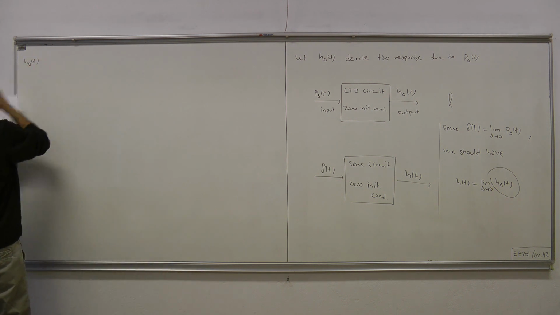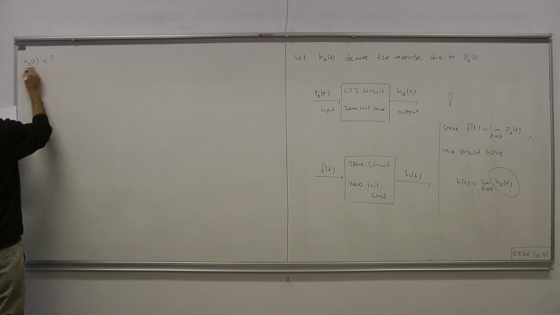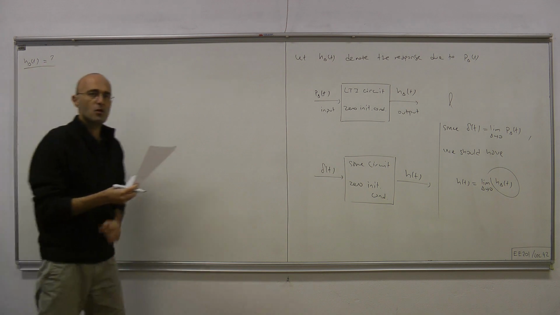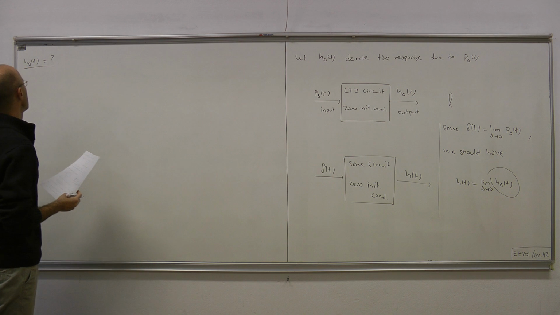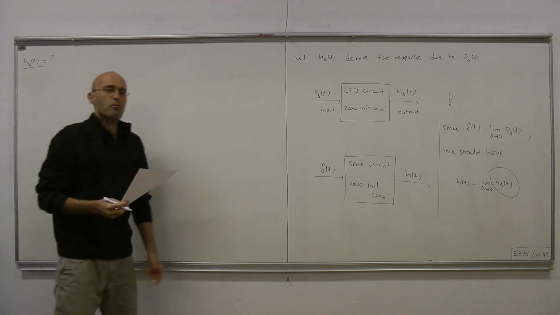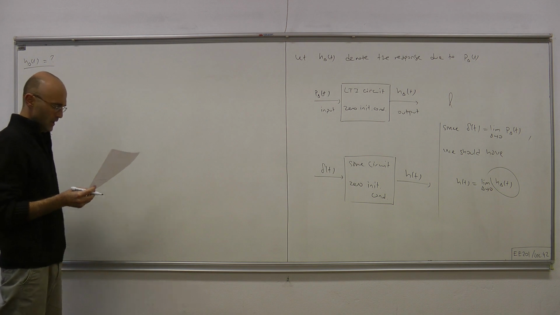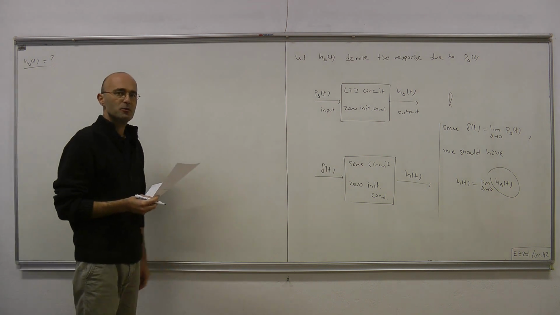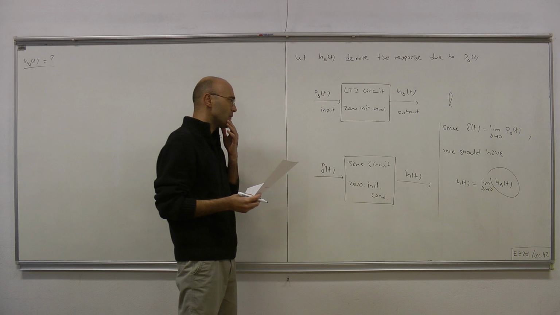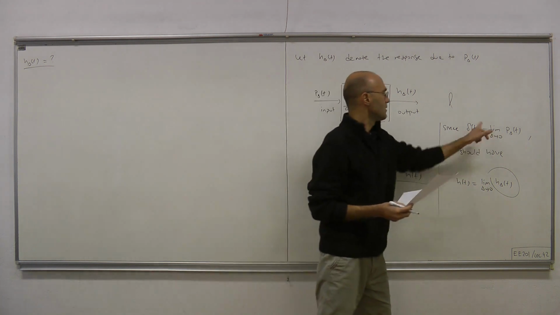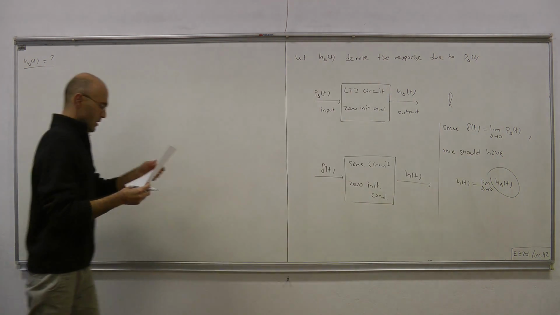Our expression for h delta of t. In our previous lecture, we obtained the pulse response for a pulse with general height and general width. Now we're not talking about any pulse, but a very special pulse, which in the limit gives us the impulse.